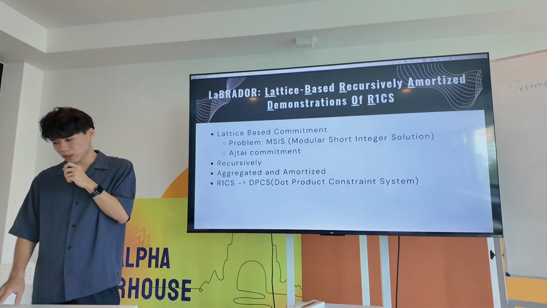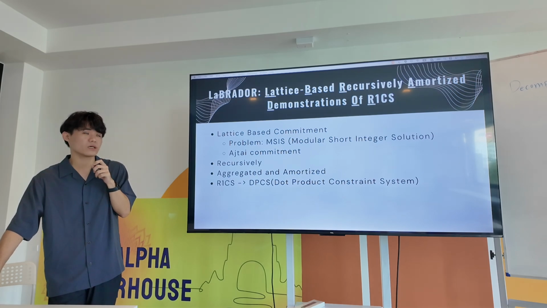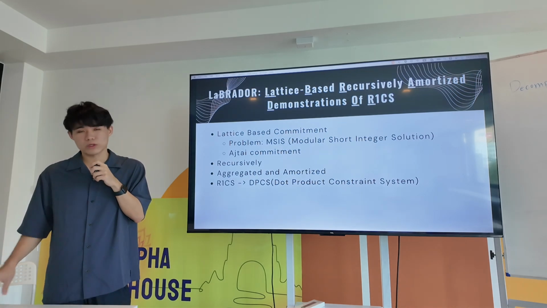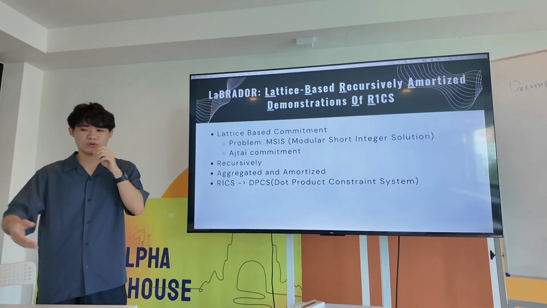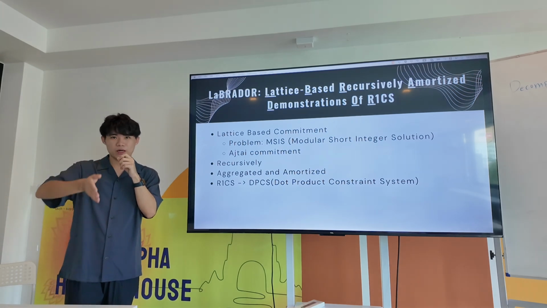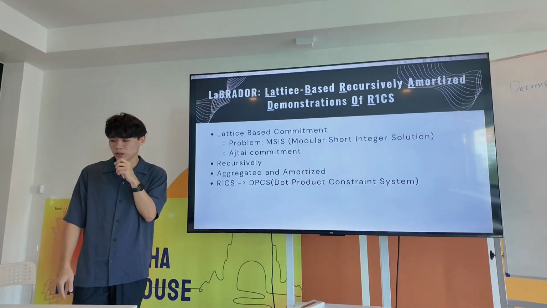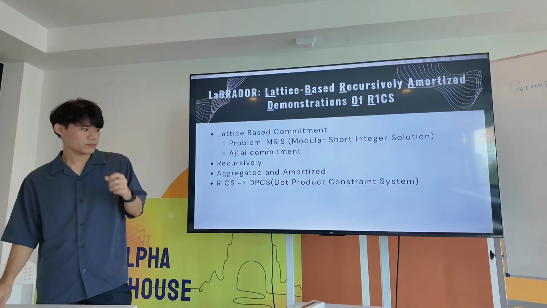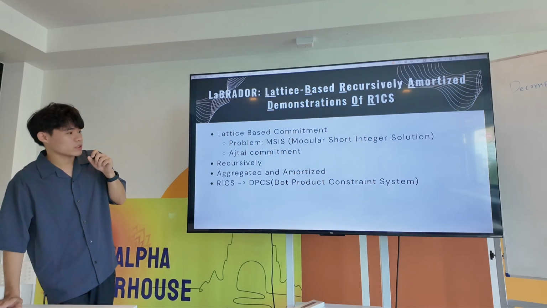And amortized, as used in Labrador, is to split the witness. If you have a big witness, you can split it into smaller parts. Okay, and the last one is R1CS.